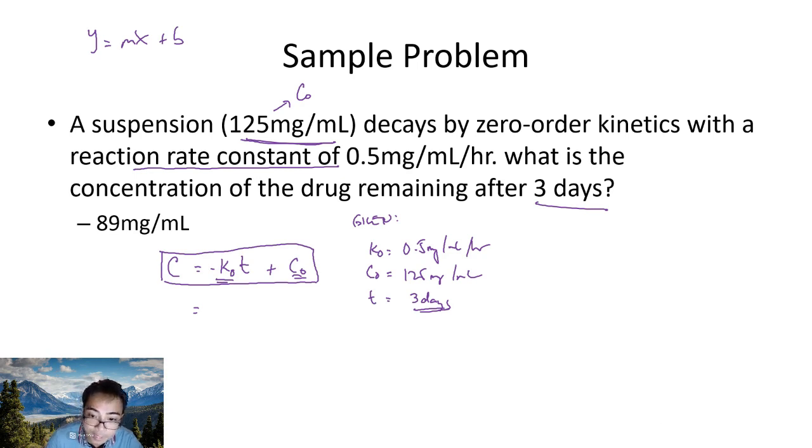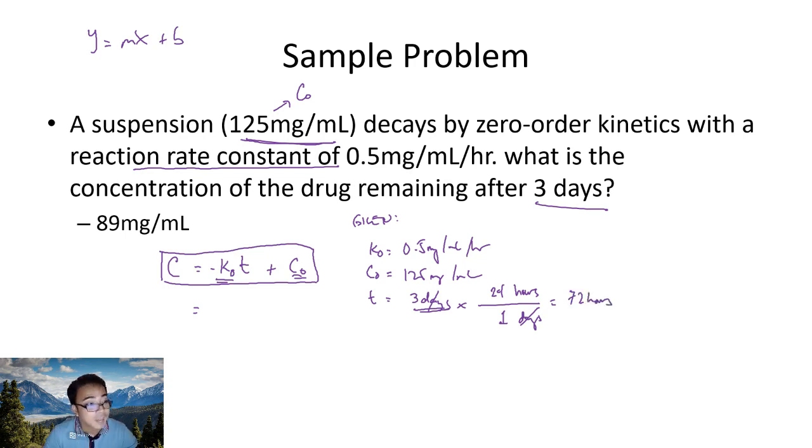So, 3 days, let's convert to hours. We said 1 day is equivalent to 24 hours. So cancel days, times 24, and you get 24 times 3, sorry, 72 hours.